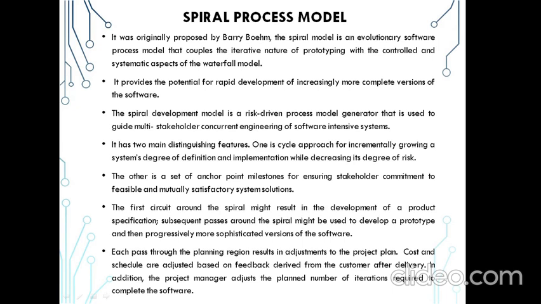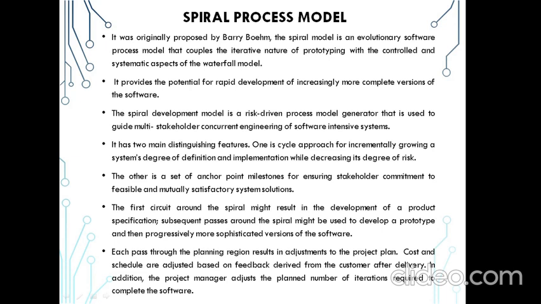The spiral model is a risk-driven software development process model based on the unique risk patterns of a given project. The spiral model guides a team to adopt the elements of one or more process models, such as incremental, waterfall, or evolutionary prototyping. The first circuit around the spiral might result in the development of the product specifications.